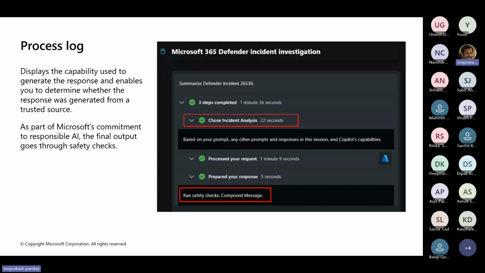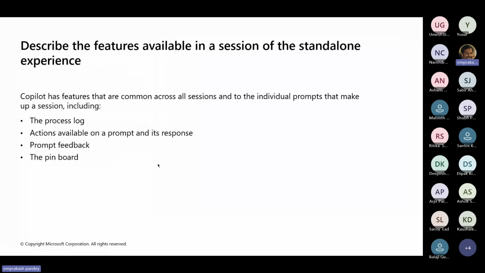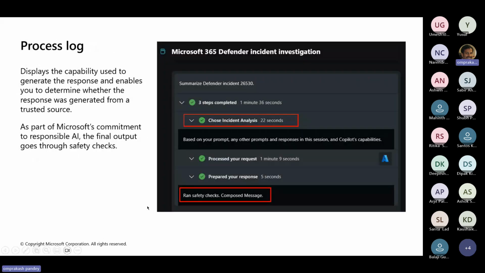If you look at the implementation of one of the incidents, Microsoft 365 Defender incident investigation, like I mentioned, here we can have a complete process log, right? And what are the actions involved within this process log?